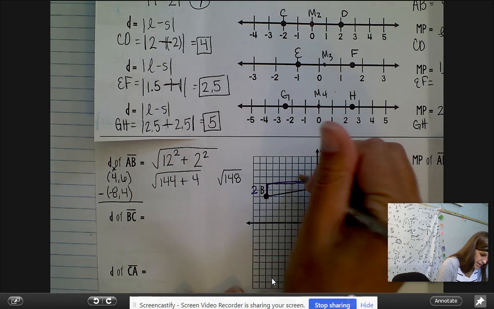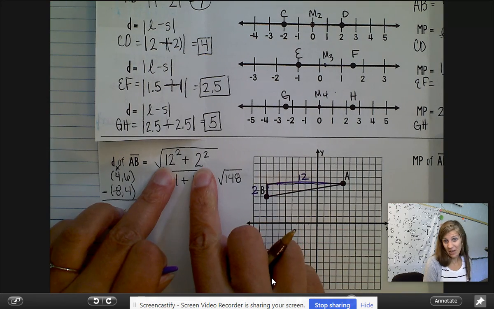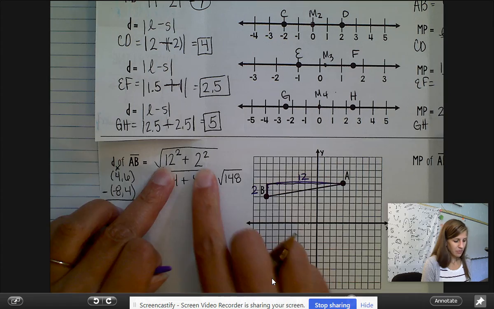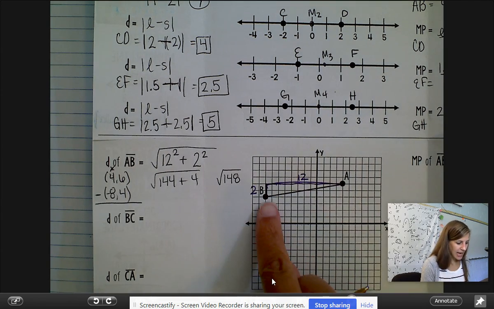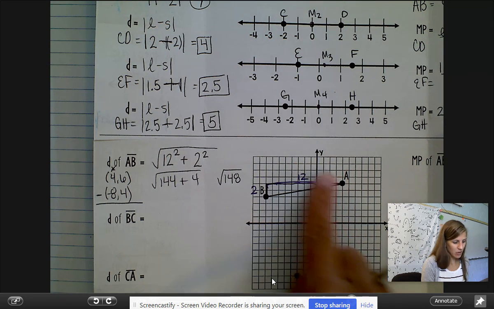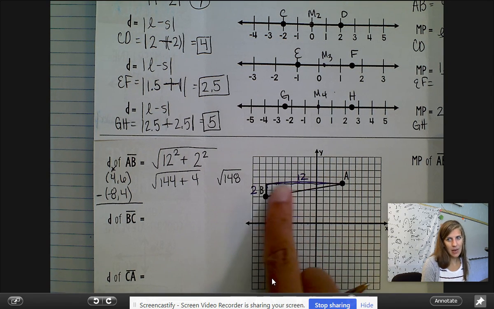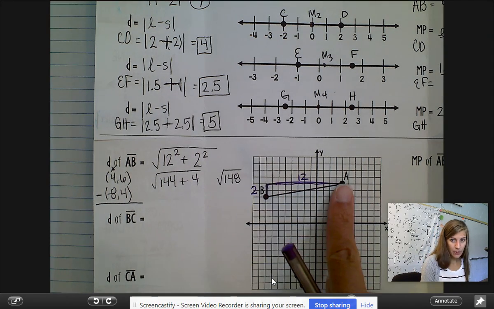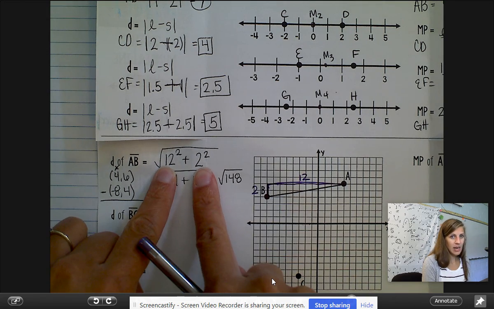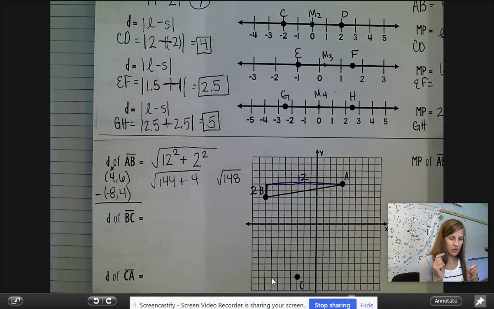That 2 number and that 12 number, I get much quicker. So rather than having to find the points, subtract, I just count my slope numbers instead. And we're using something about a right triangle here that maybe you remember. So you kind of have to memorize a little bit of a formula, but if you do slope, then you get your numbers that you have to square, then add, then square root.